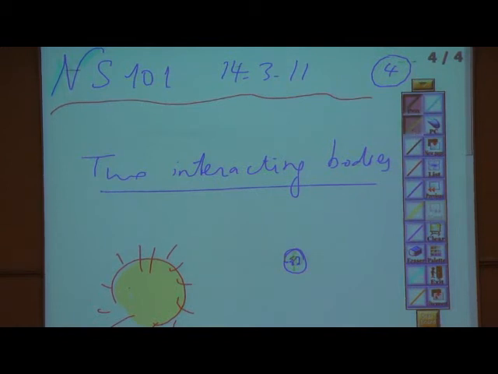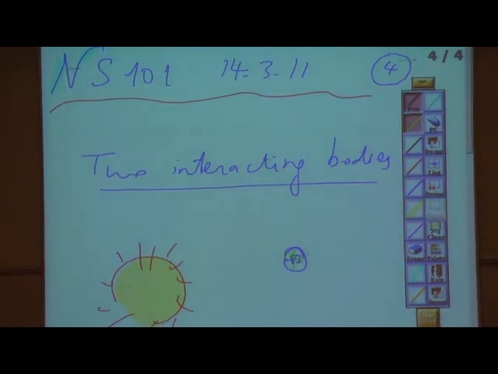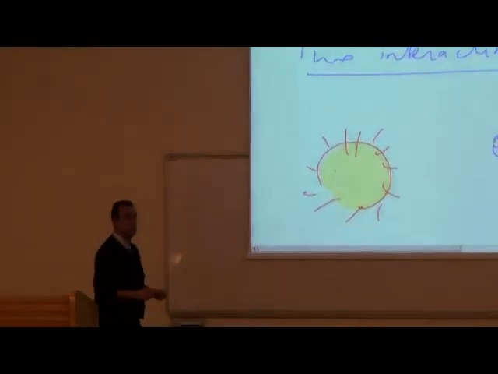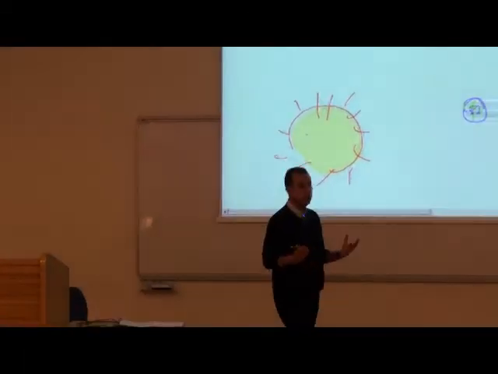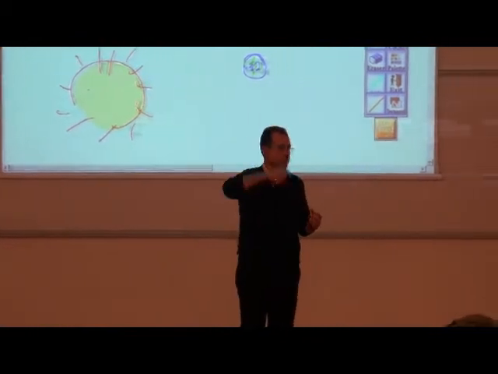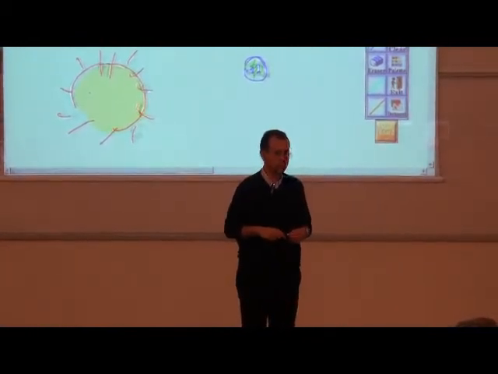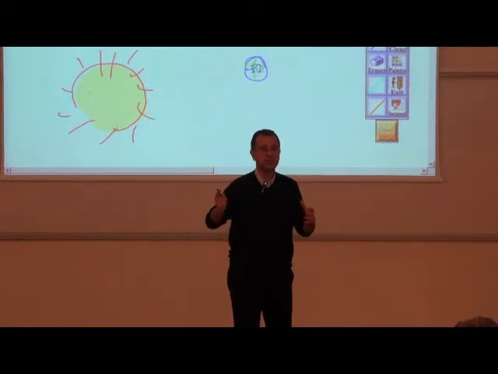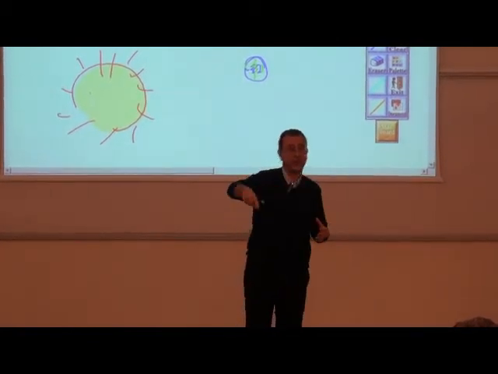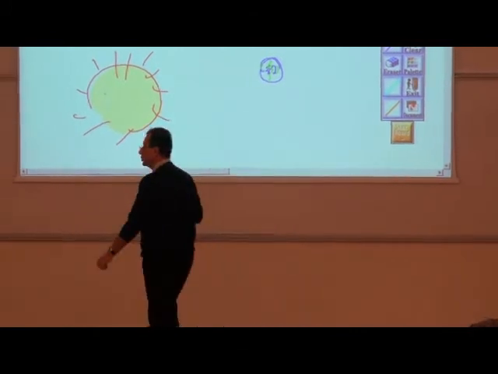And the earth here. Okay? Now we know that the sun exerts a force on the earth. Because if there were no forces, the earth would just keep moving on a straight line forever. It is not moving in a straight line, it is being pulled by the sun, so it keeps turning around the sun. Okay? So there is a force.